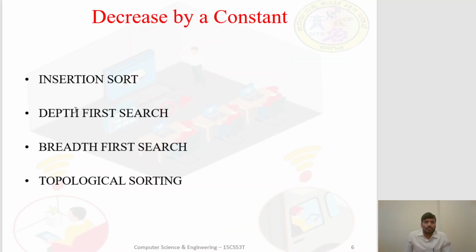Dear students, these two examples, insertion sort and topological sorting, you will study in detail in upcoming sessions. As of now, we will discuss these examples in brief for understanding this variation, decrease by constant. Depth first search and breadth first search were taught in the previous units.